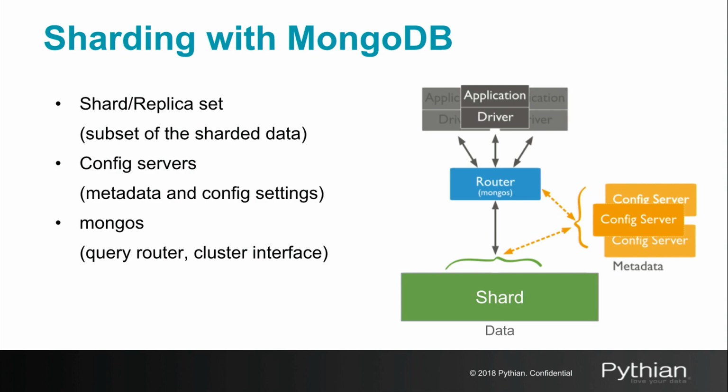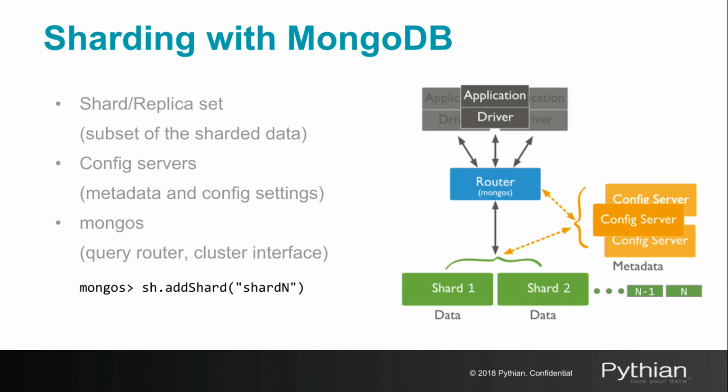Summarized, sharded clusters have three pieces: shards, which should be replica sets for high availability, config servers, where we store the metadata and config settings, and mongos, which represents the cluster interface. The application connects from the driver to the mongos, and mongos routes the queries to the particular shard where we are sending the request.